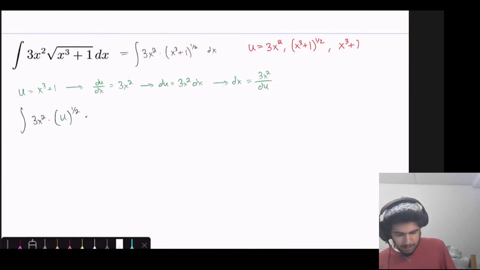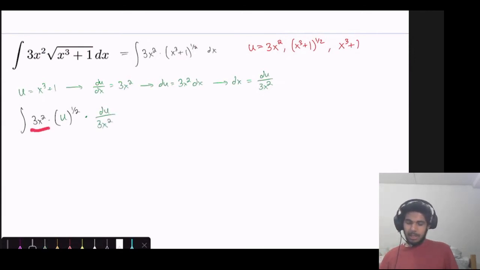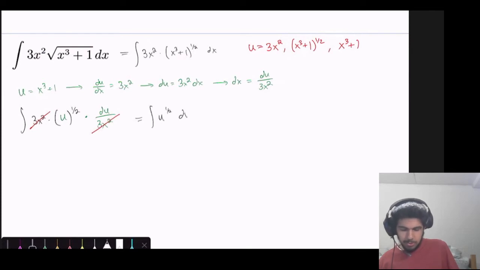Sorry, this is incorrect here. This should be du over 3x squared. So with that substitution, now we can see those two cancel, which is really great. Those go away. And now we're left with the integral of u to the 1/2 du.